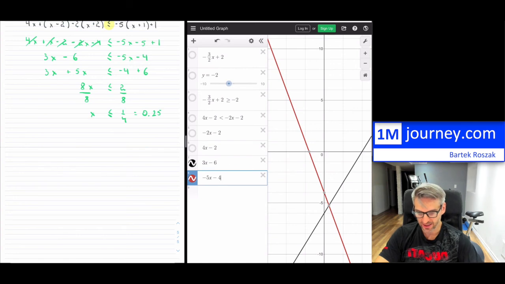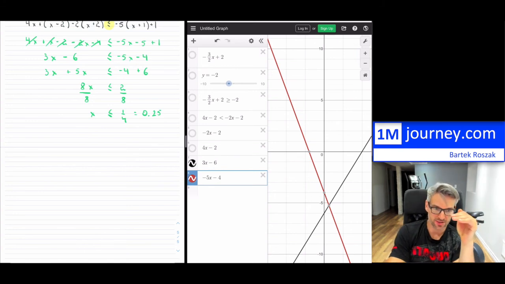So what it's asking us here is when the 3x minus 6 line, which in this case is the black line, is below the negative 5x minus 4.